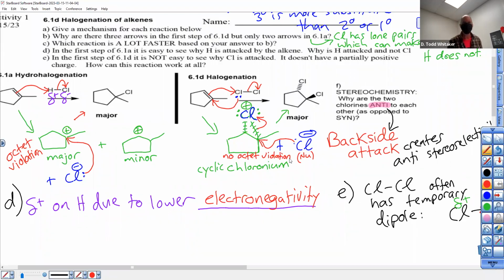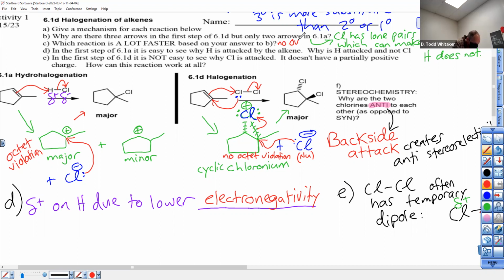That's going to be incredibly slow. If you have another reaction that does not have an octet violation, your first instinct should be it's faster. And in this case, your instinct is good. Okay? There are other factors, but we're not going to explore those in this introductory organic chemistry class. Okay? So, I think we're doing okay. No OV. Good answer? That's a short answer that actually has everything I need.